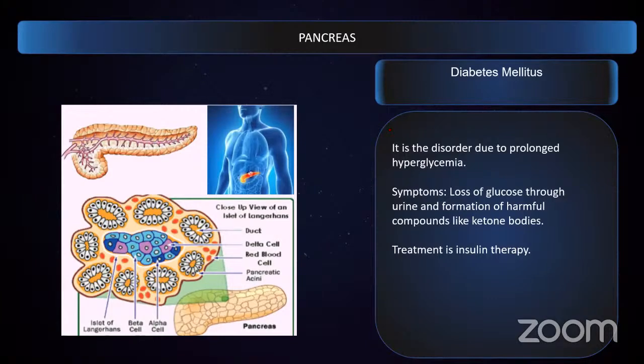They will have excess urination as well as thirst. We use insulin as a successful treatment for diabetes mellitus. You might have seen people who use insulin in the form of a syringe or through pills, right? Insulin pills. So I think this is about it.